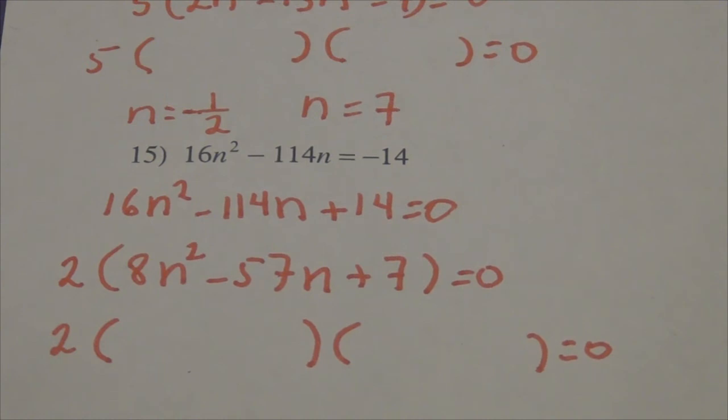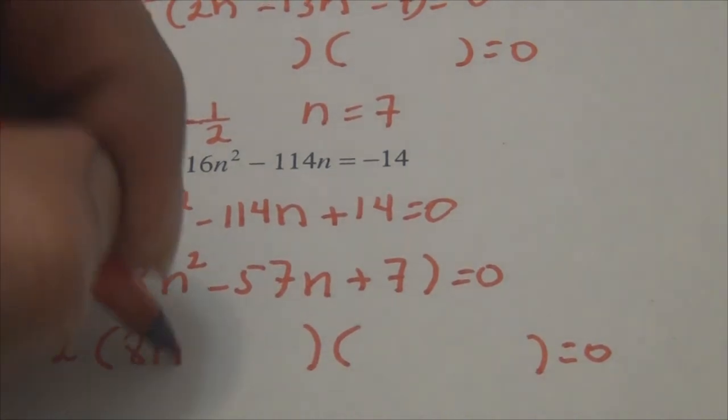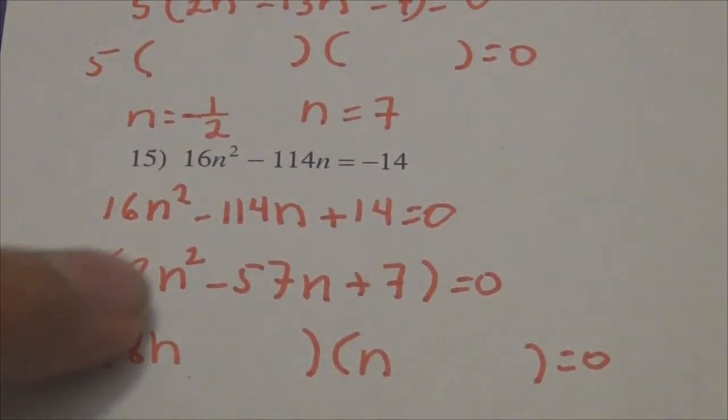So the answer should be... I got it, I think. I'm gonna try 8n and n, factors of 8n squared.